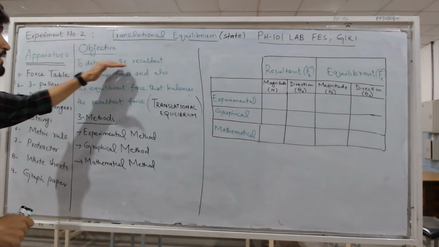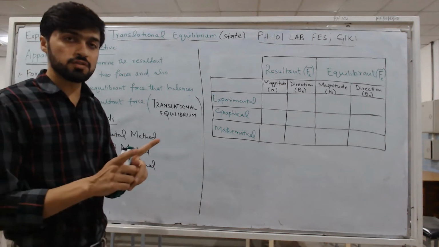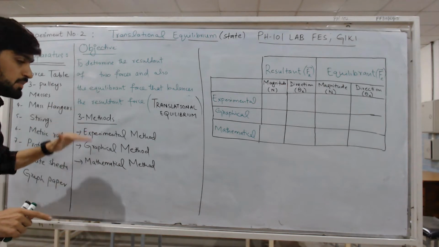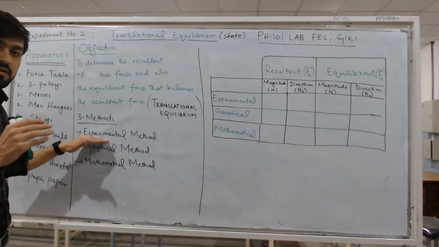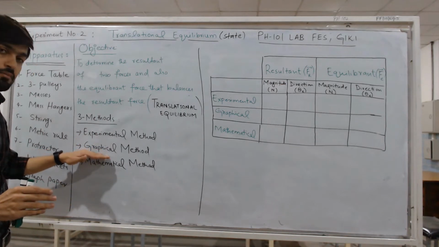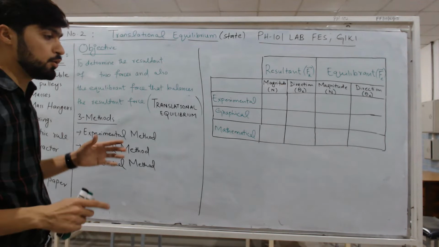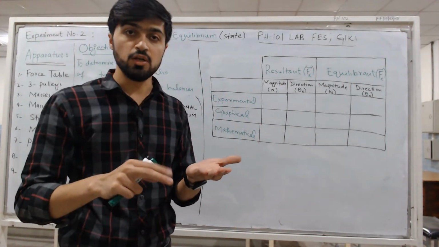We will determine the resultant of the two forces, and the resultant of the two forces will be balanced by the equilibrium force. There are three methods to perform this experiment. The first one is the experimental method, the second one is the graphical method, and the third one is the mathematical method. The experimental method is by looking into the force table at what the forces are.